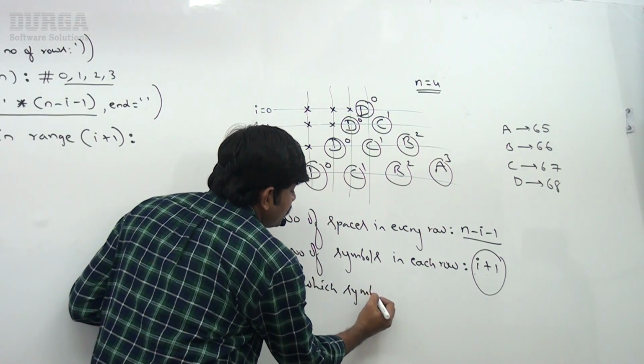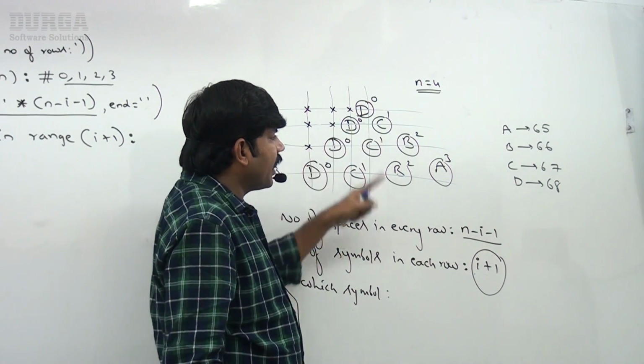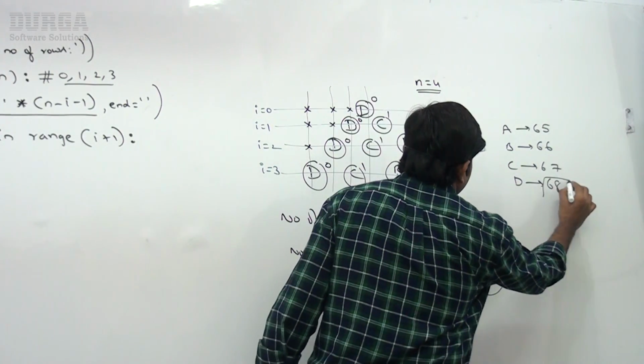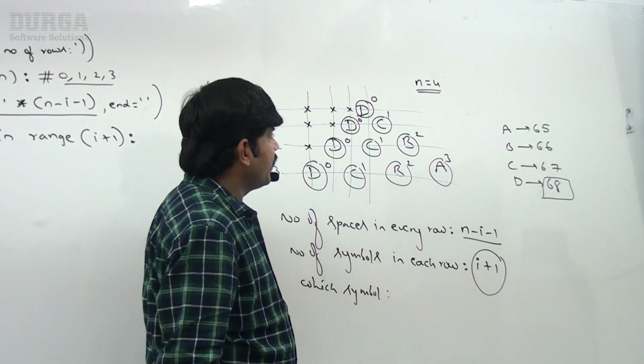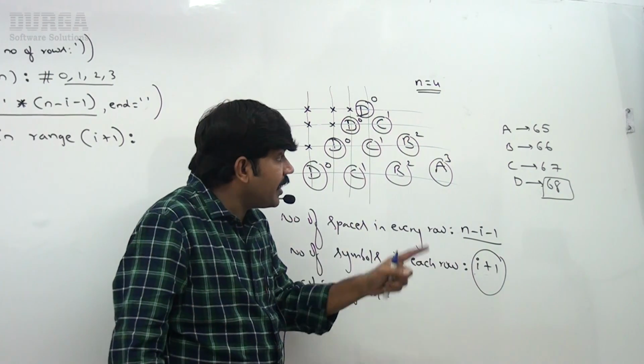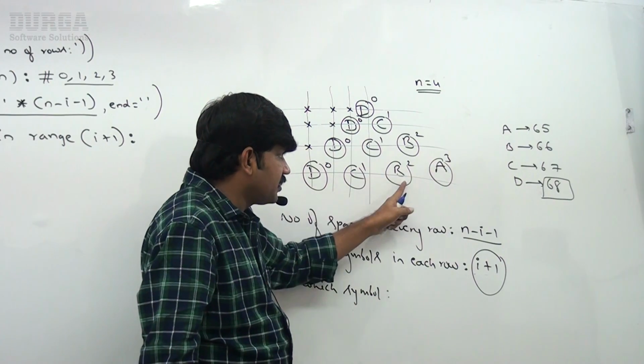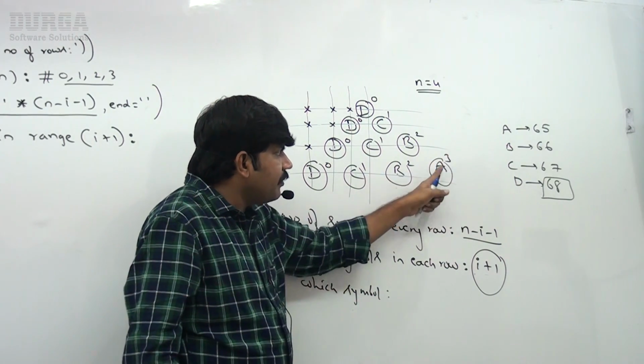Whenever j is equal to 0, I have to generate 68. If j is equal to 1, I have to generate 67. If j is equal to 2, that is B, 66. If j is equal to 3, it is 65.